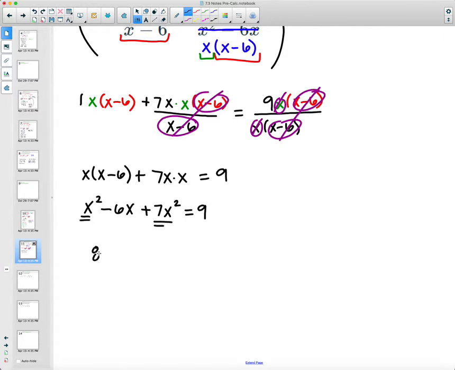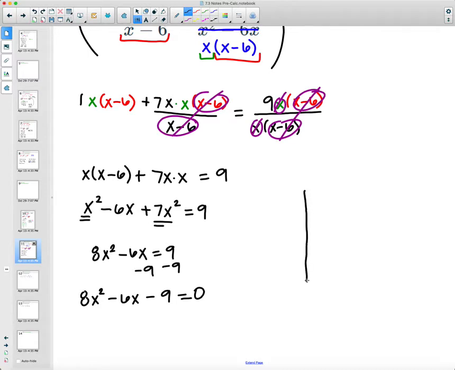So we have 8x squared minus 6x equals 9. So we have a quadratic. So we want to get everything to the same side. So we'll subtract 9 from both sides. And we'll have 8x squared minus 6x minus 9 equals 0.